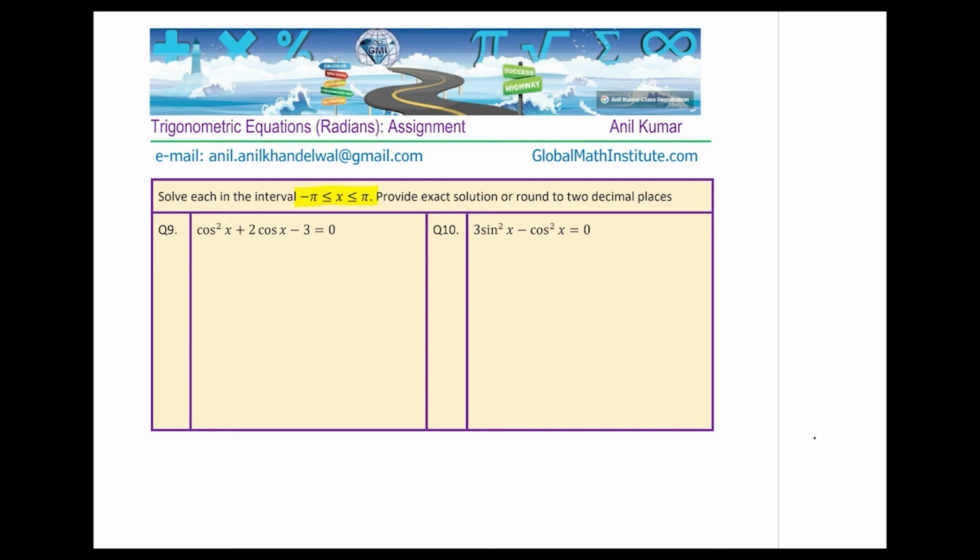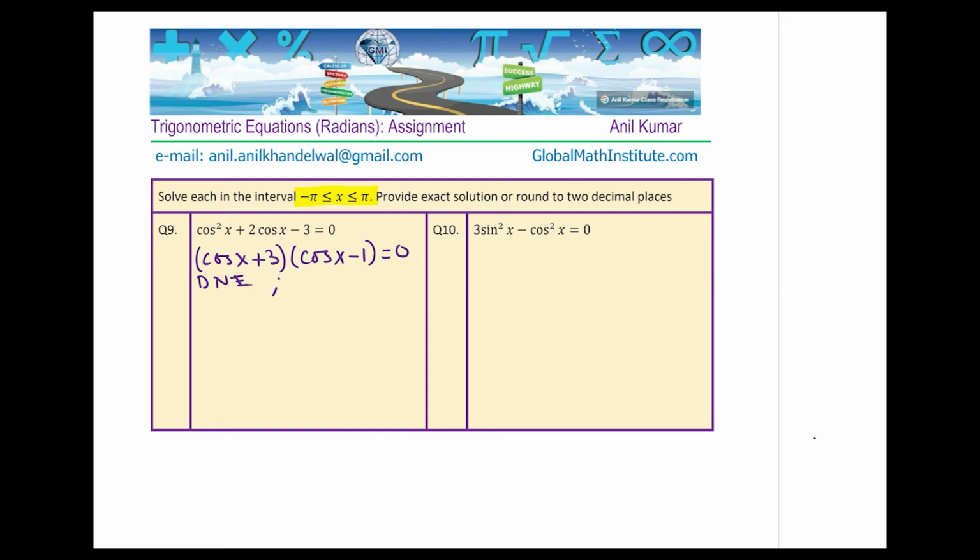That means 3 times 1 will work. So I could write this as cos of x plus 3 times cos of x minus 1 equals to 0. That means, well, this is not valid. Since it does not exist, cos value cannot be negative 3.